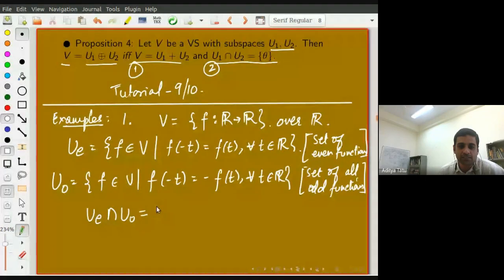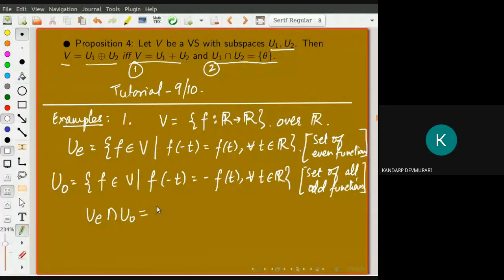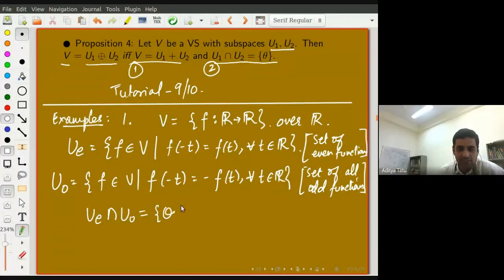Yes. So I'll write it as theta, but I'm also going to define this: theta of t is equal to 0 for every real number t. That is what I mean by the additive identity here.